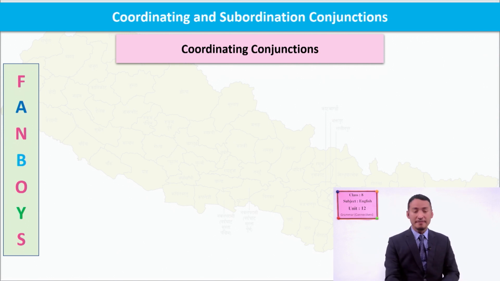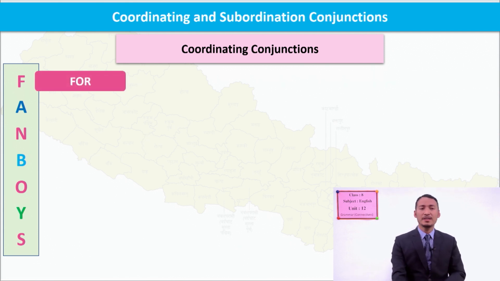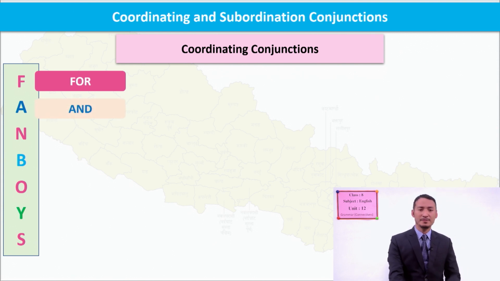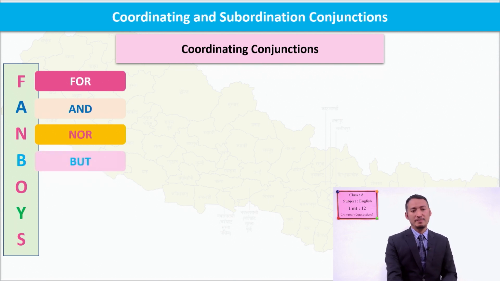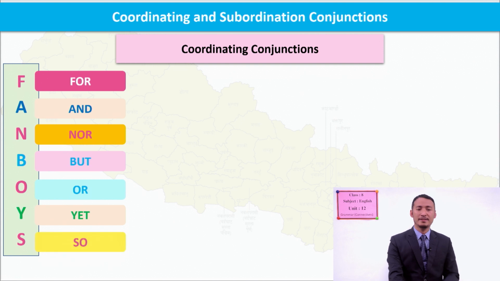Okay, so we have coordinating conjunctions, and the acronym here is FANBOYS. You can find it easier for remembering them. So F for for, A for and, N for nor, B for but, O for or, Y for yet, and S for so.